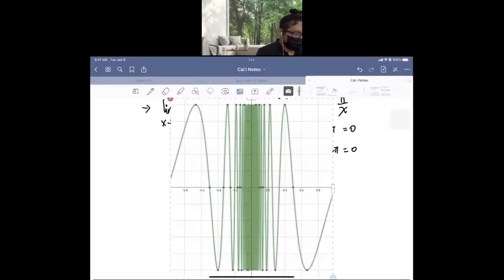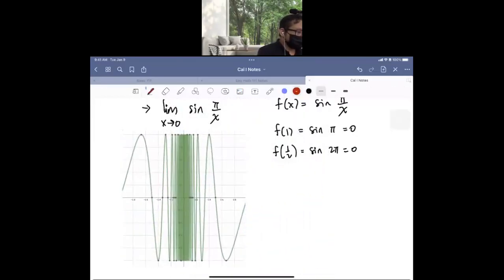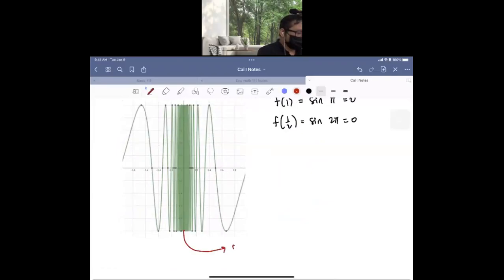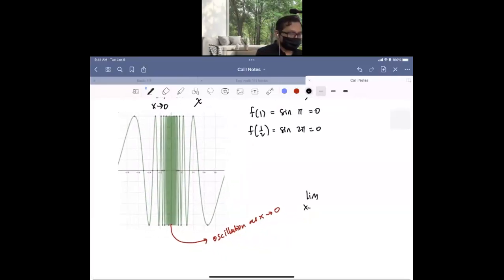We already drew the graph, and it has some oscillations as x approaches 0. So we're not sure whether it's going to 1 or -1. It's not sure. So we can say the limit doesn't exist.